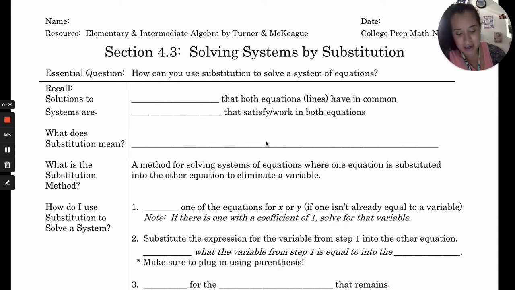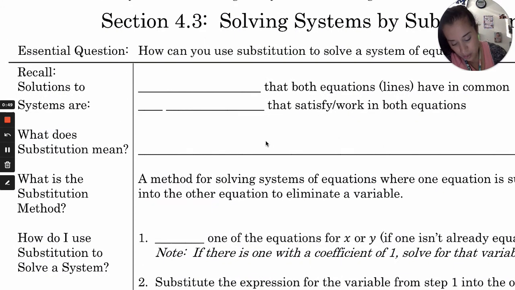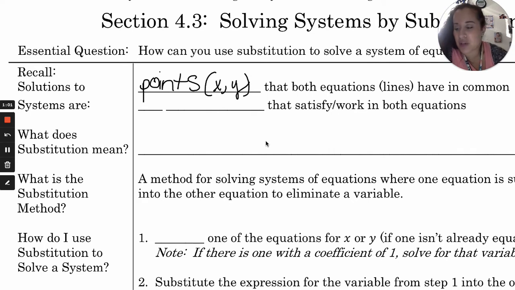So let's go ahead and look at these notes. We've already solved systems by graphing, and we've solved systems by elimination. So now we're going to actually solve systems by substitution. Solutions to systems, remember, are points like (x, y) that both equations or lines have in common.